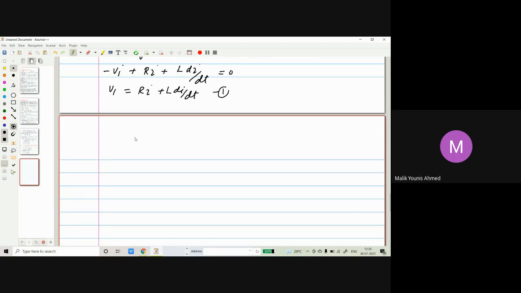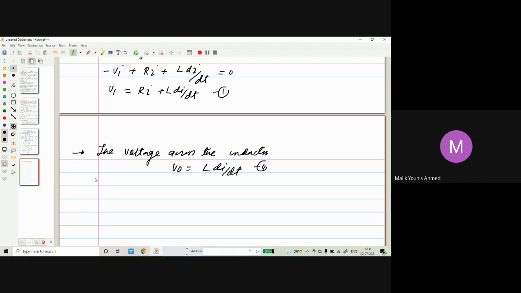So I can directly write, from second, V naught will be equal to the voltage across the inductor. That should be very clear, it should be L di by dt. Let's call it equation 2.